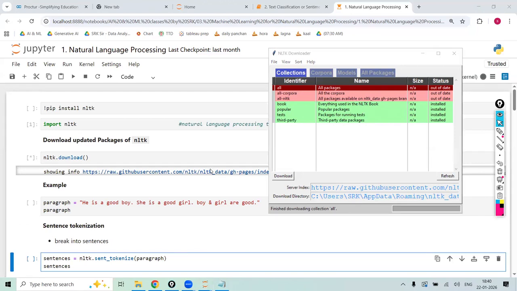After importing the NLTK, first you have to import the NLTK, then only we can do this.